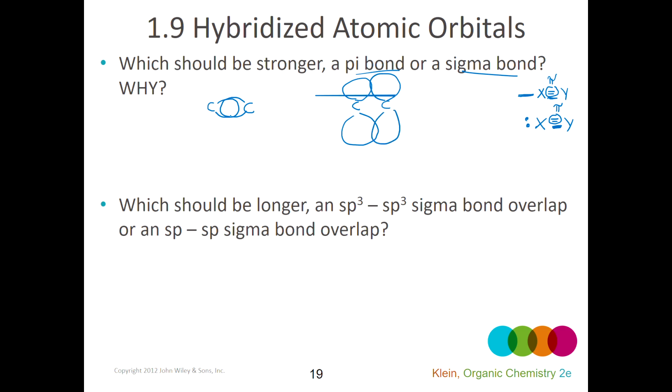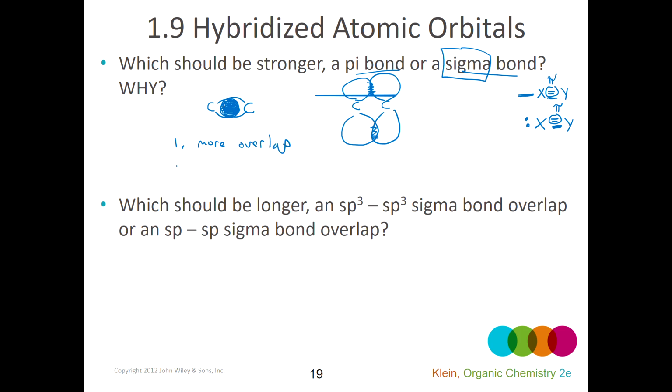Well, over here, I have a lot more overlap. These ones only kind of overlapped a little bit on the edges. So that's one factor that affects this. The more overlap there is, then when the bonding molecule is created by the constructive interference, the more chance there is that the electron density will increase in the area between the nuclei. So this one is stronger. The sigma bond is stronger because there's more effective overlap.